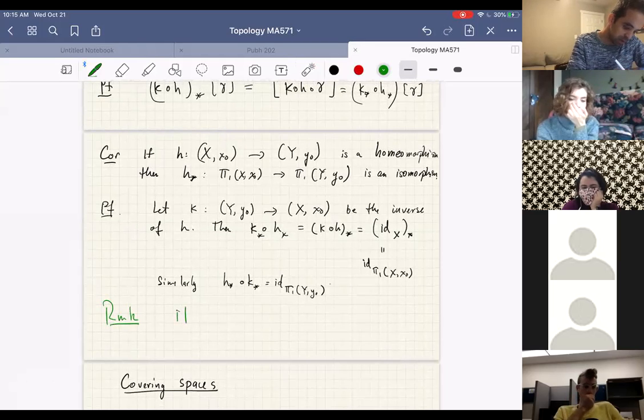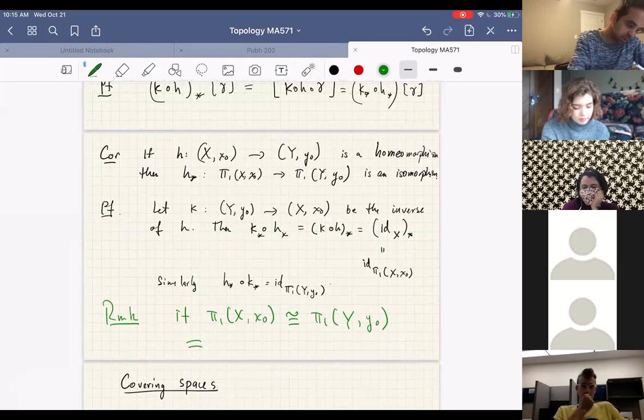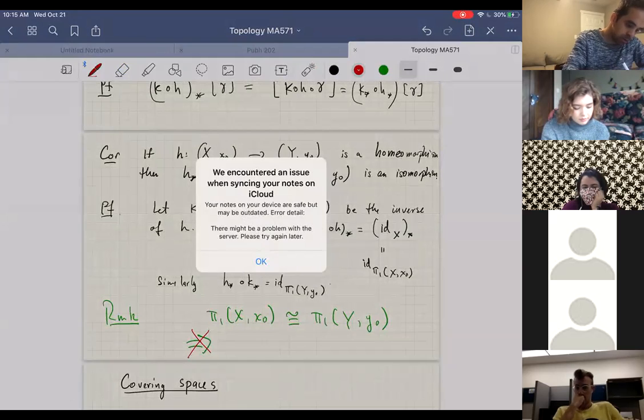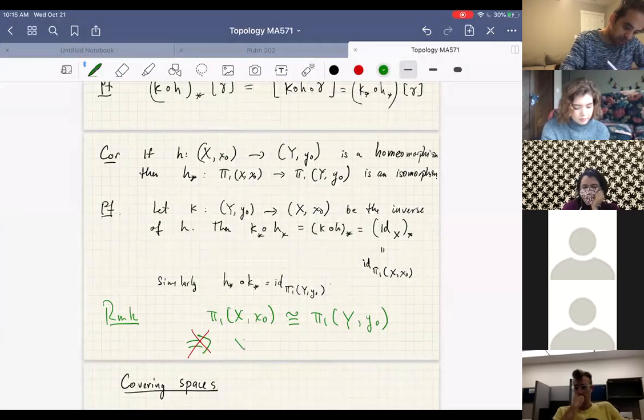So if pi1 of x0 is isomorphic to pi1 of y, y0, or maybe I should say this does not imply x is homeomorphic to y.